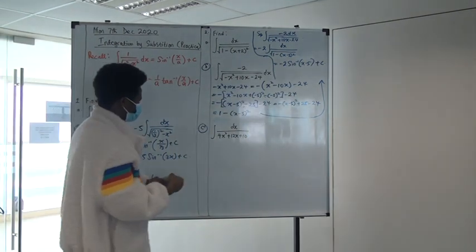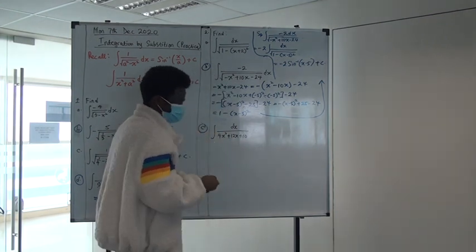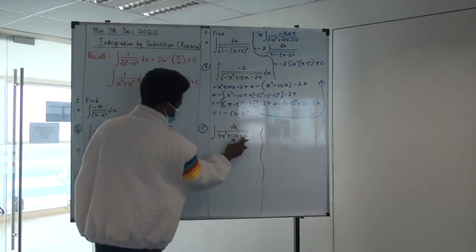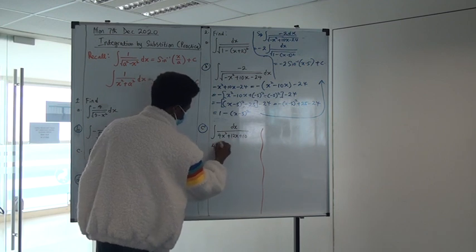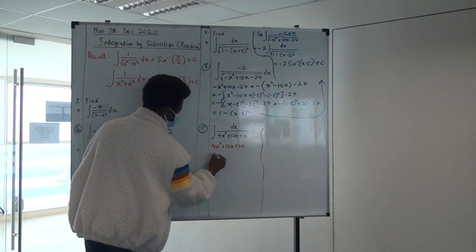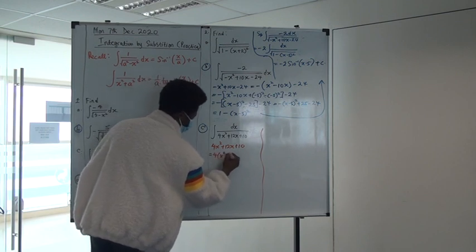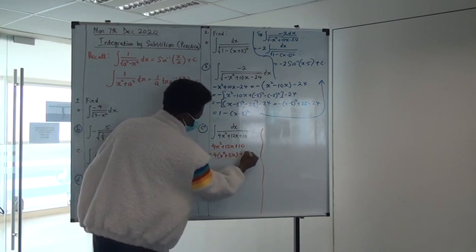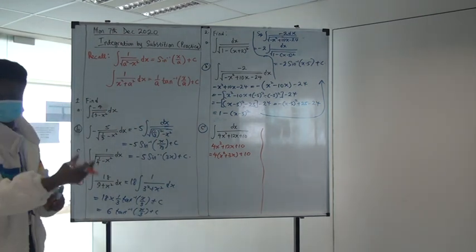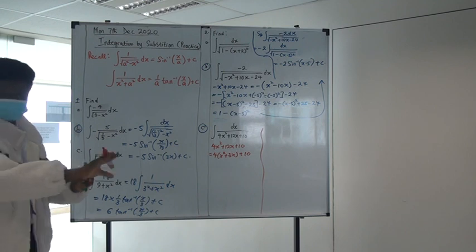So similarly, express this first: 4x squared plus 12x plus 10. So 4 brackets x squared plus 3x. Then 10 is waiting outside. You don't have to consider that because it's just having more fraction and fraction.